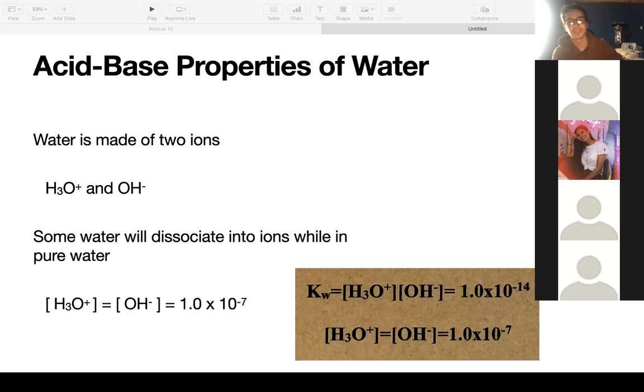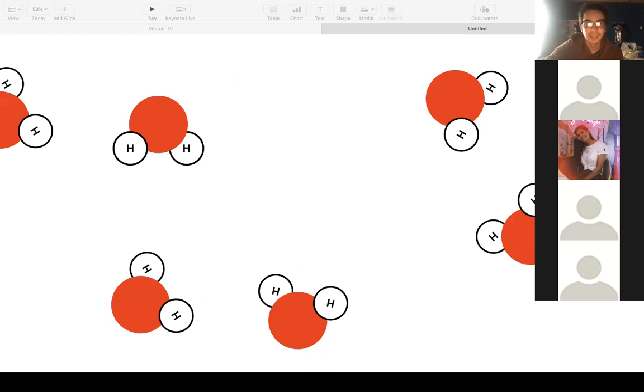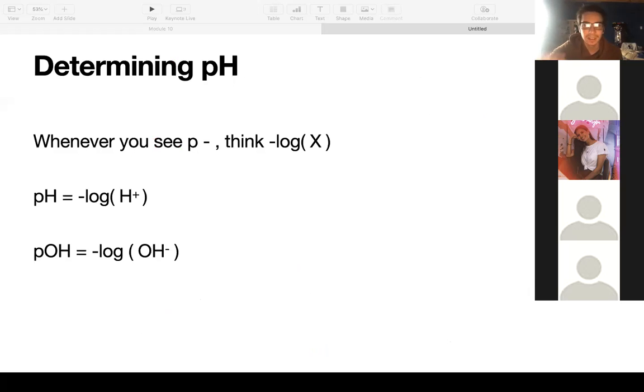And we can find our Kw to be equal to 1 times 10 to the negative 14. So that's important to know. And this little animation tells you what happens in water. Yeah, that's pretty cool.